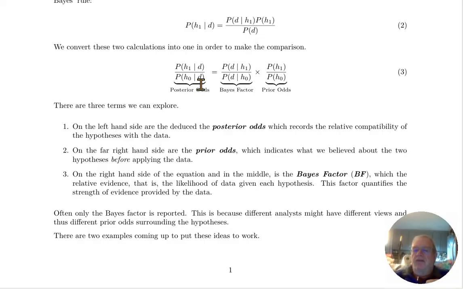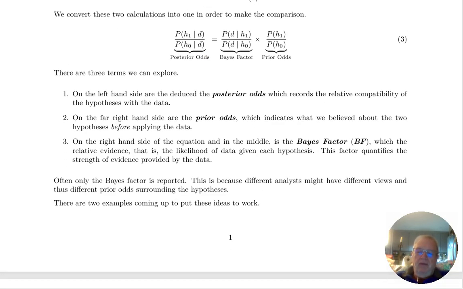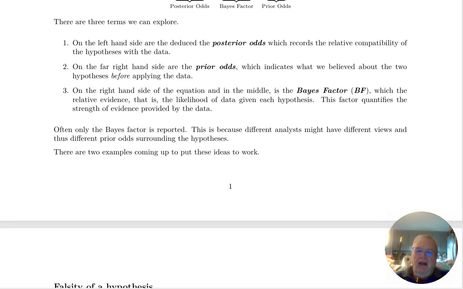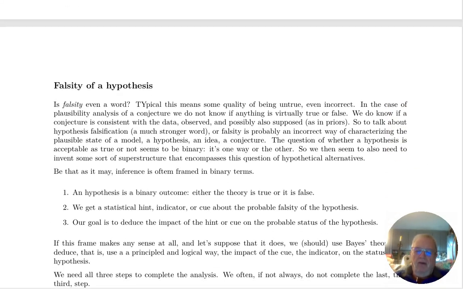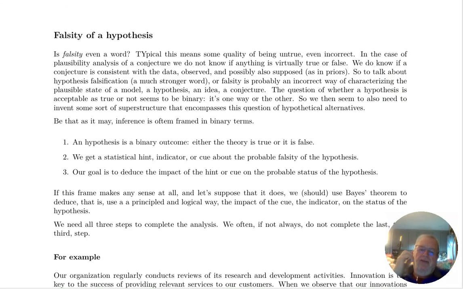That's all that means. It's very simple. It's used by bookmakers, traders, people in normal commonsensical language. Often in studies, the Bayes factor is the only thing that is actually talked about.